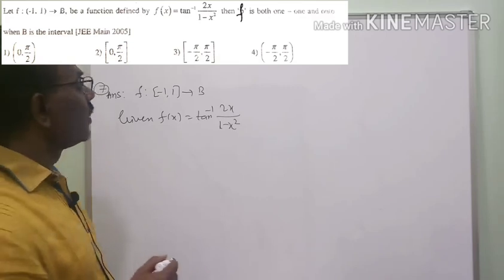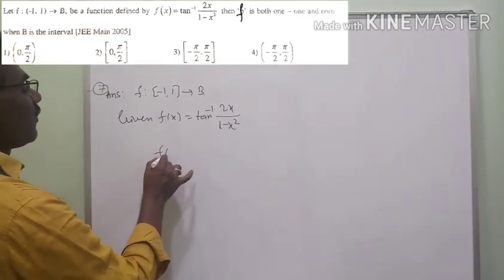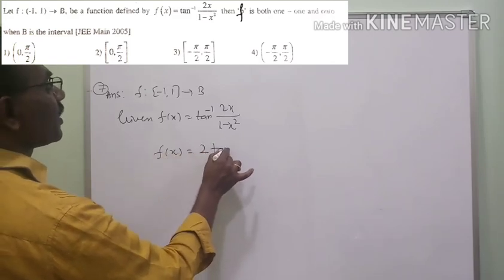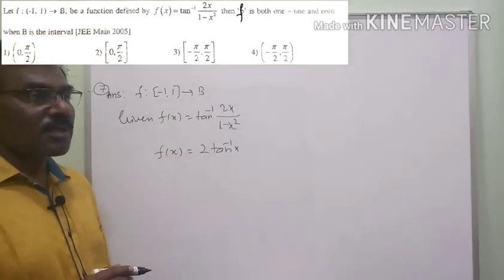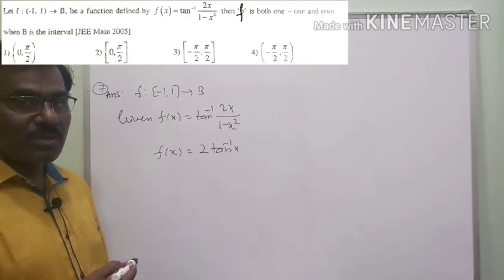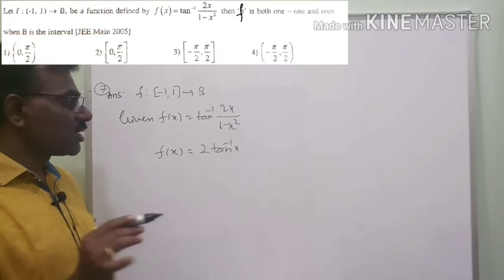Okay, now what is the given? f of x is tan inverse of 2x by 1 minus x square. f of x is equal to twice into tan inverse of x. This formula is there, so this is even better. You go to the inverse trigonometric function chapter. Just you have to remember tan inverse of 2x by 1 minus x square.